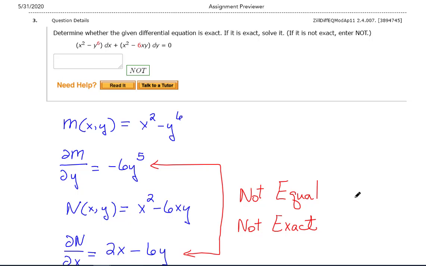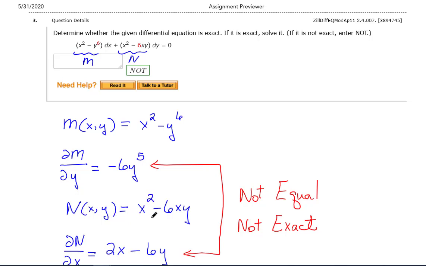All right, in question 3, let's see. We have m is the first part, so this is m. This is n. So I look at the derivative of m with respect to y. All right, that's a minus 6y to the 5th.